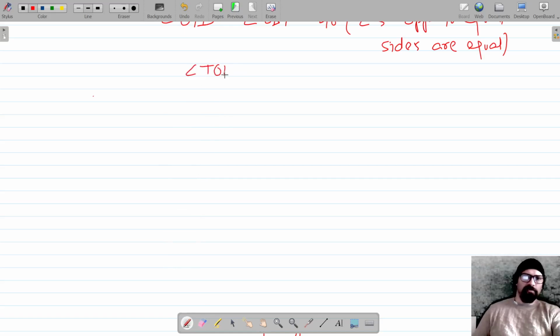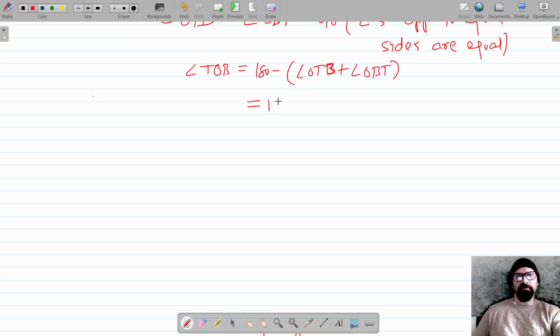So angle TOB is equal to 180 minus angle OTB plus angle OBT, which is equal to 180 minus 40 plus 40. So 40 plus 40 is 80, and 180 minus 80 is equal to 100. So angle TOB is now equal to 100.